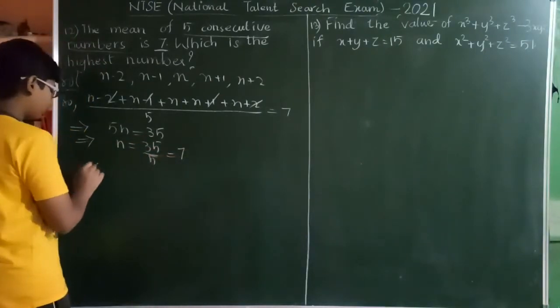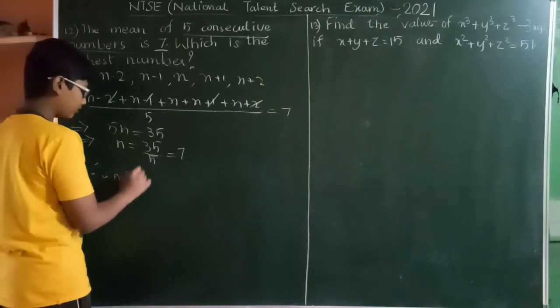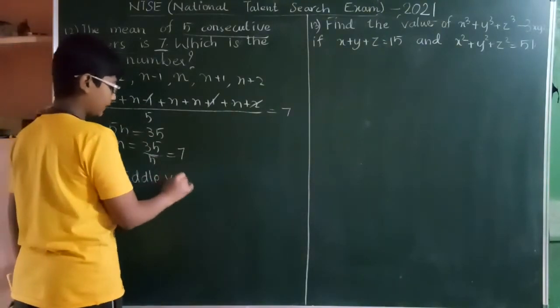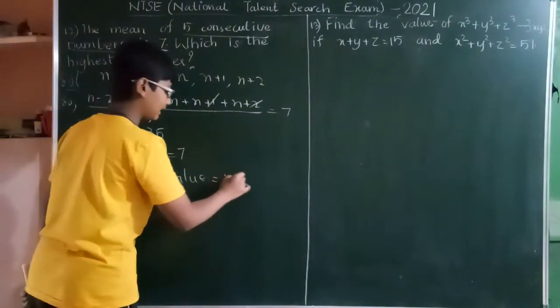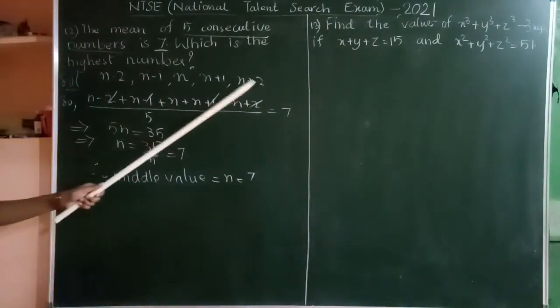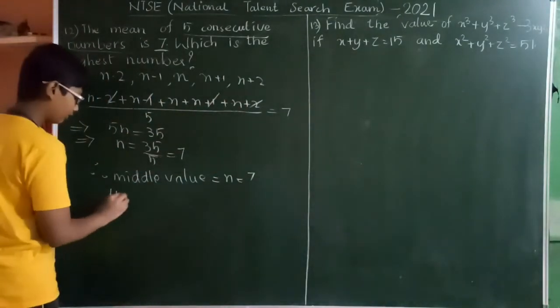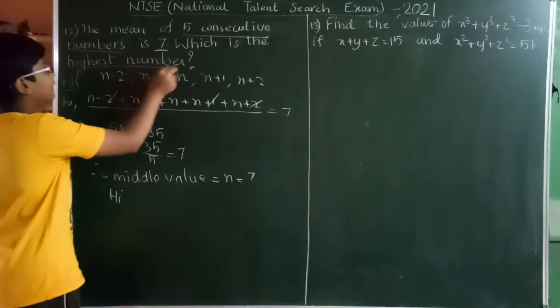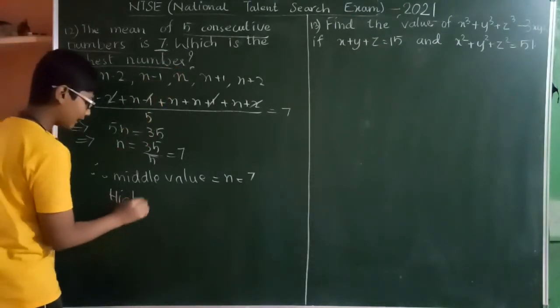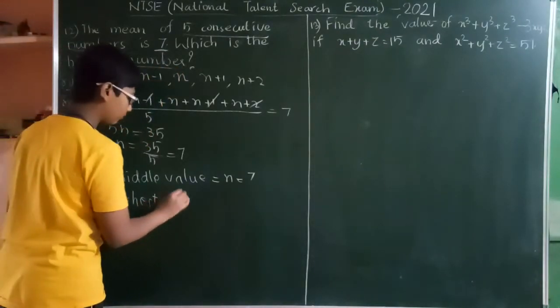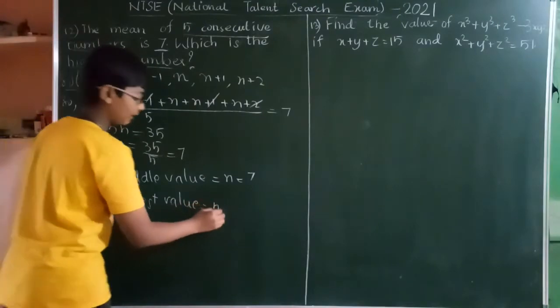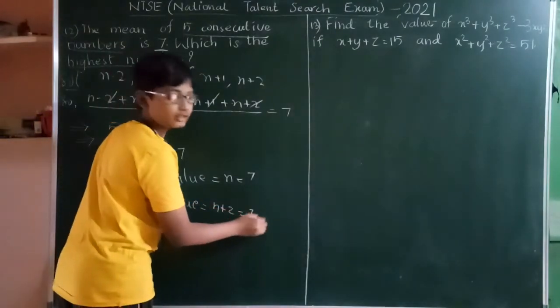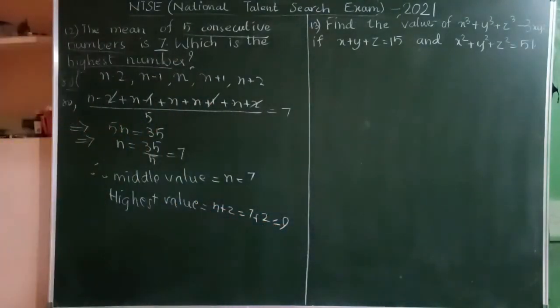So the middle value is n, that is 7. Then the highest value is n plus 2, since we are asked for the highest number. So 7 plus 2 is equal to 9.